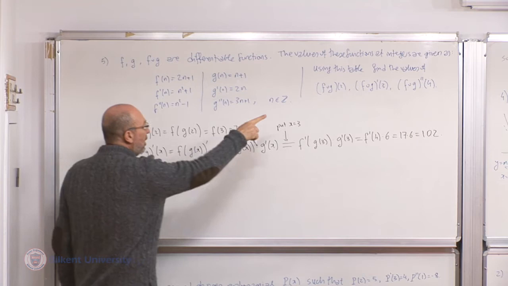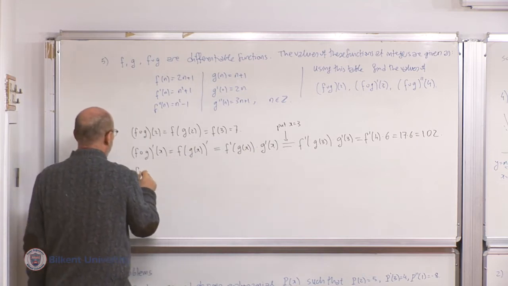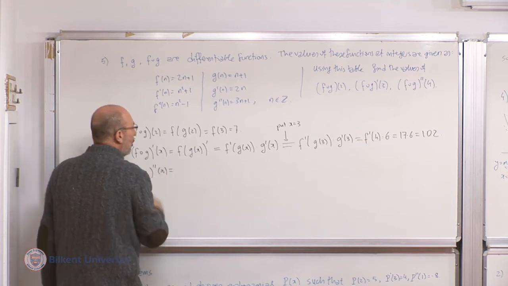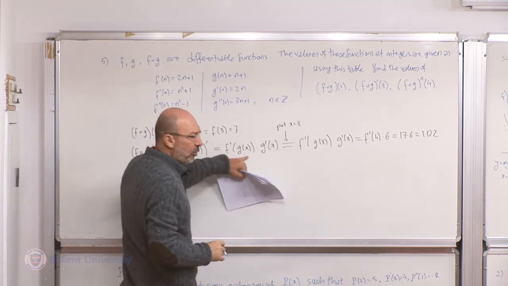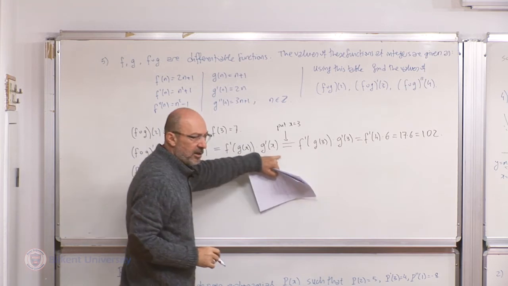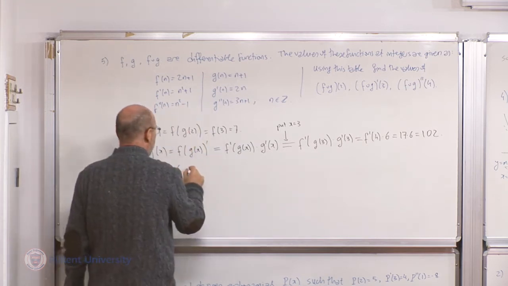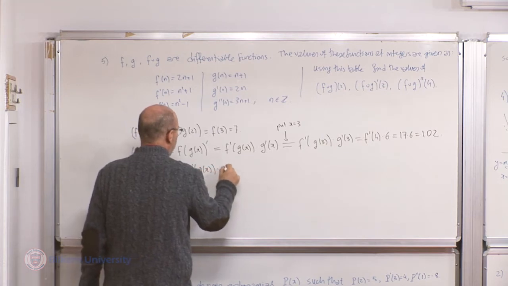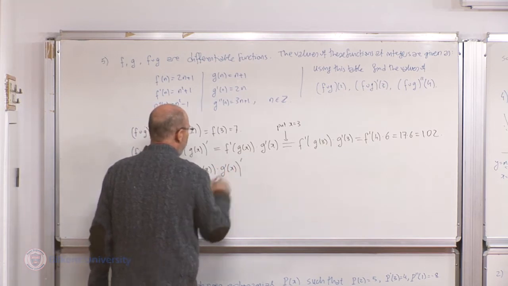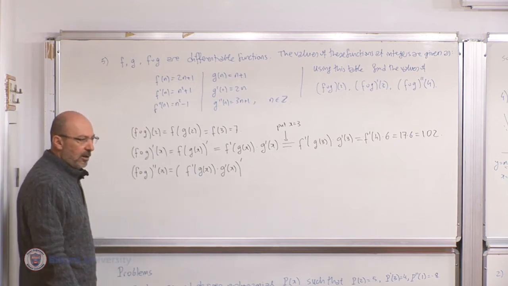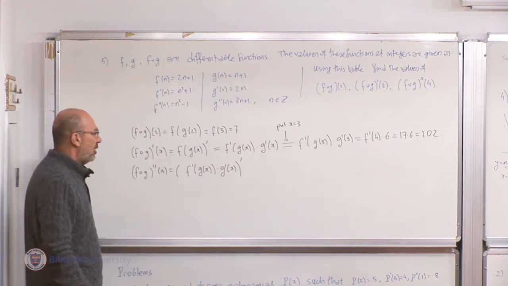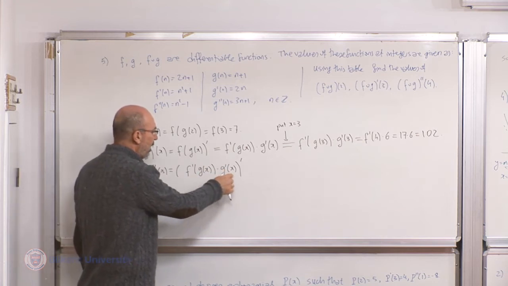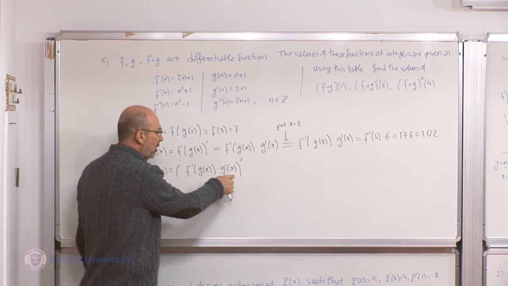Now I need the second derivative, f composite g double prime x. Okay, so the first derivative is this. I want to take the derivative of this, f prime g of x times g prime x. Now this is derivative of a product. So the derivative of this times this plus this times the derivative of this.